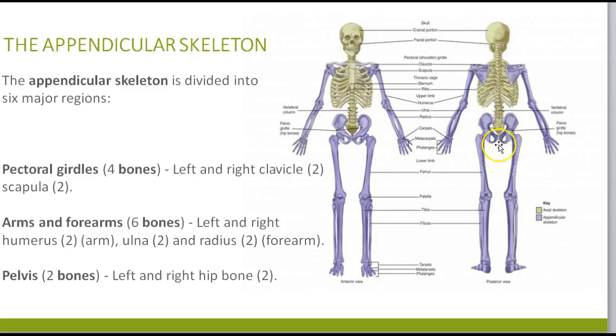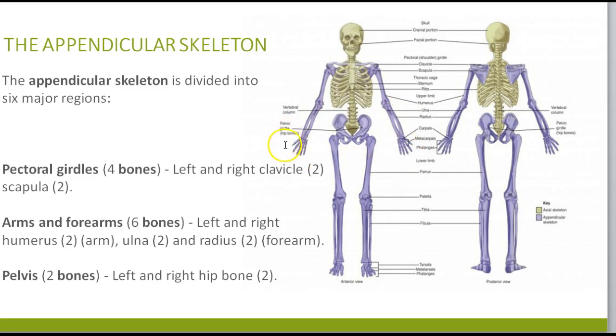Again, running down these, we've got our pectoral shoulder girdle, which includes our clavicle and scapula, in our appendicular skeleton, and then our arms: humerus, ulna, radius, carpals, metacarpals, phalanges.